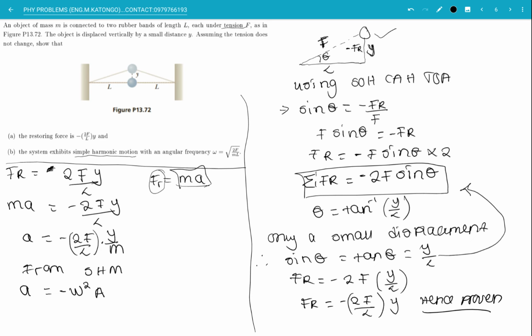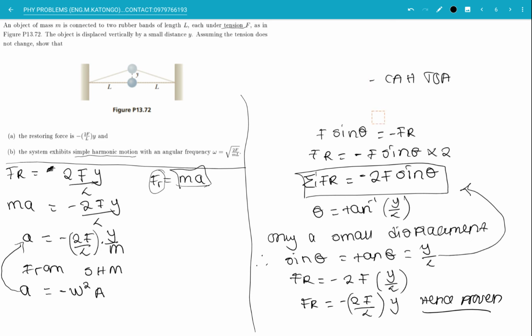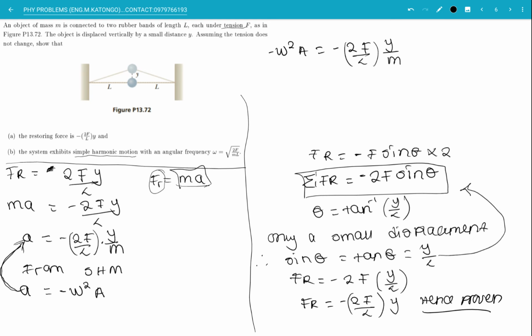So therefore we can replace our A in that equation so as to prove that the system is undergoing simple harmonic motion. Replacing this into our equation, we will have negative omega squared times that of the amplitude is equal to negative 2F over L multiplied by y over M, which is the mass.